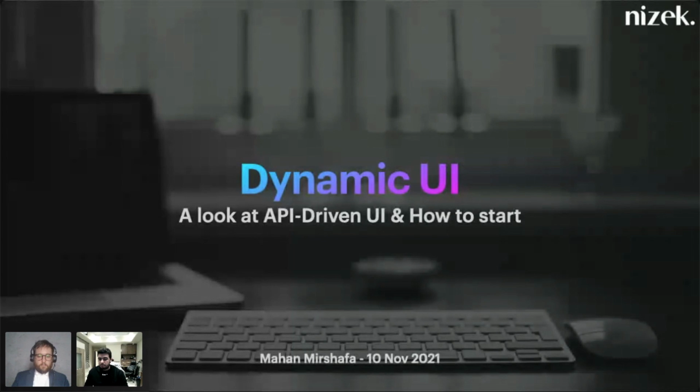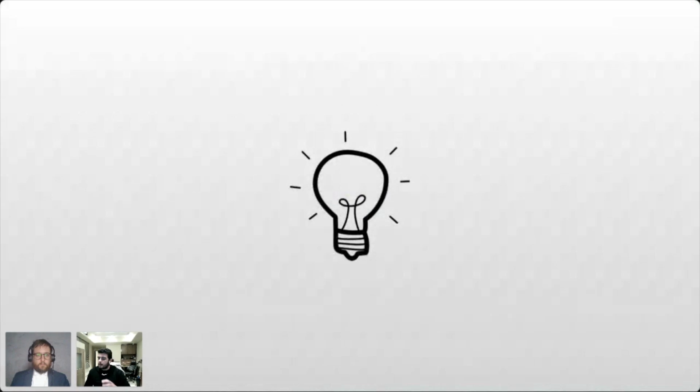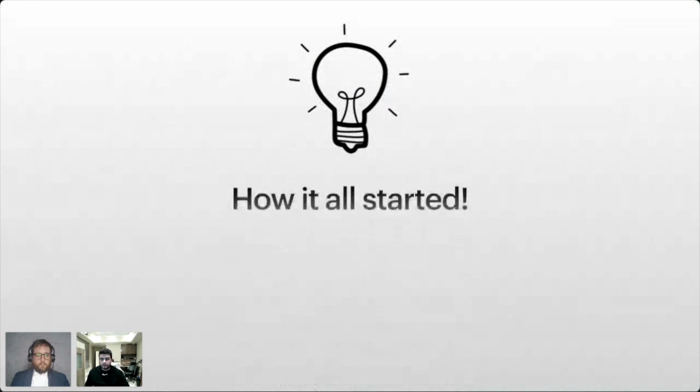And to talk about dynamic UI, I'm going to take you to the very beginning, to the place where it started, actually. Around a year ago, I was invited to an Uber event where they talked about a concept called API-driven UI.